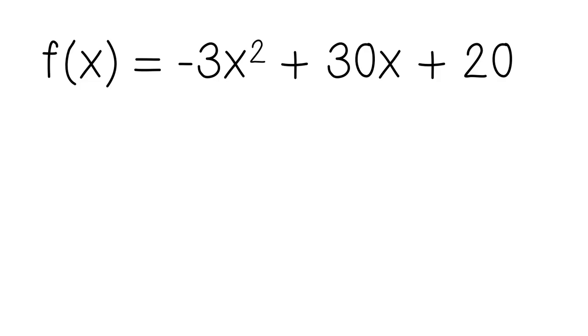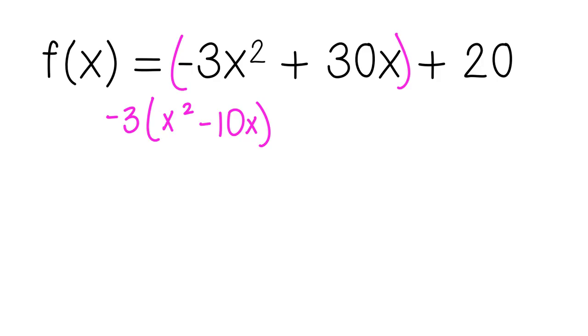Keep in mind, I can factor it out right here. So let me grab a different color. Right here, factoring out a -3. I'm going to have -3, then x squared minus 10x, and then bringing that plus 20 down.